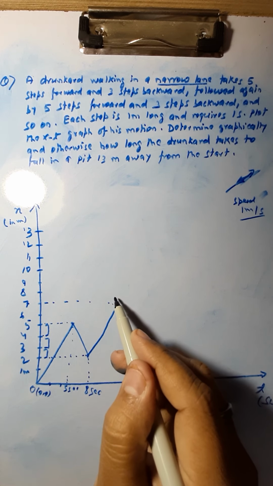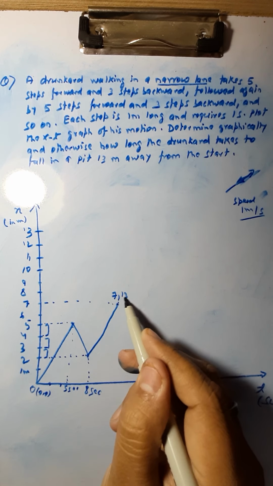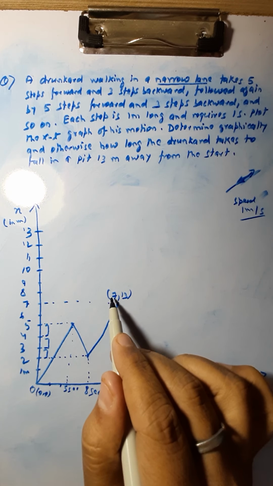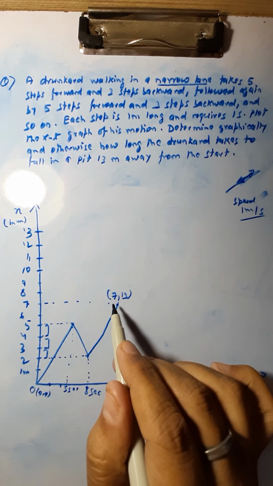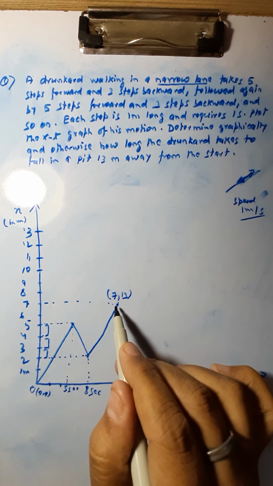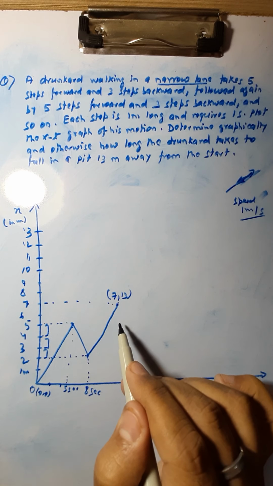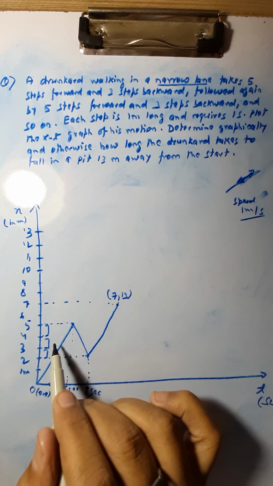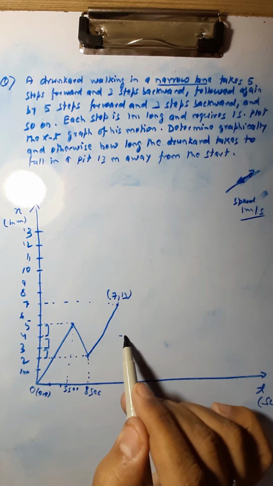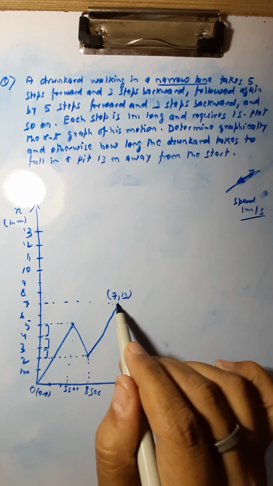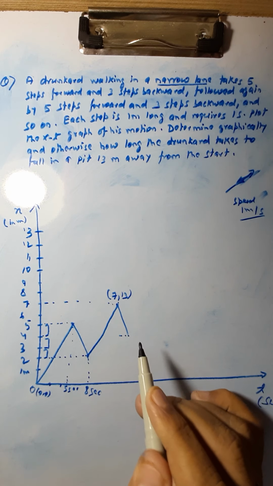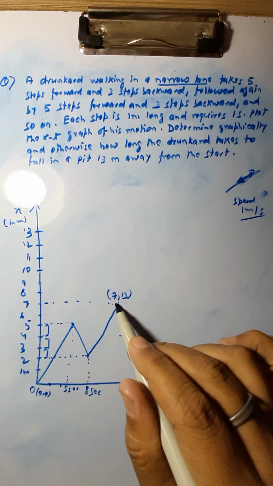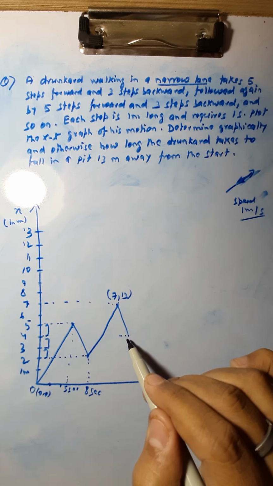So at 13 seconds he will be at 7 meter. Again he will retrace 3 meter backward, so he will reach somewhere at 4 meter. So it is 5 seconds forward, and this is 3 seconds backward.